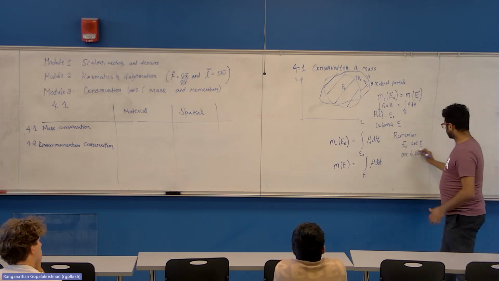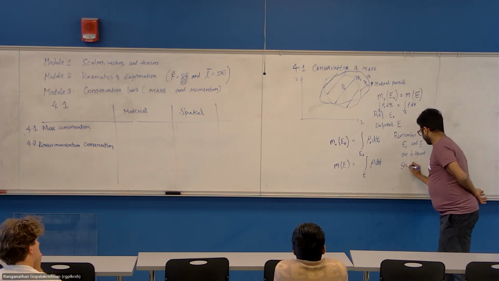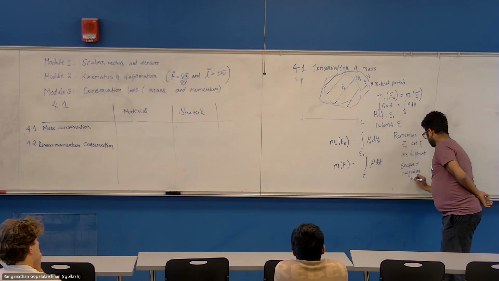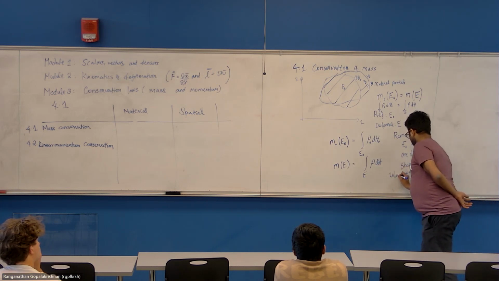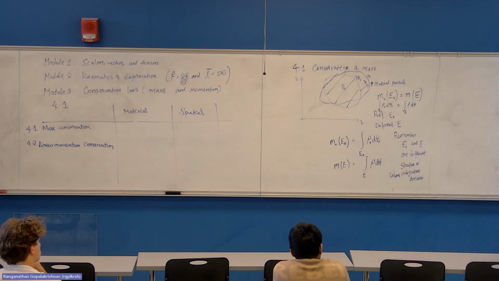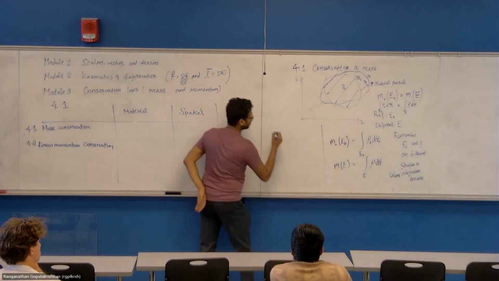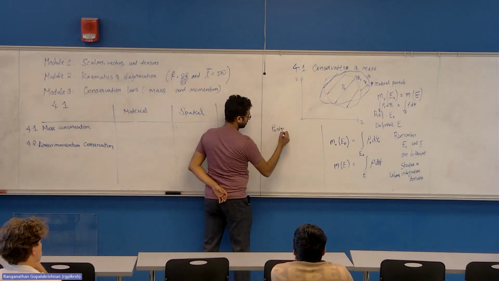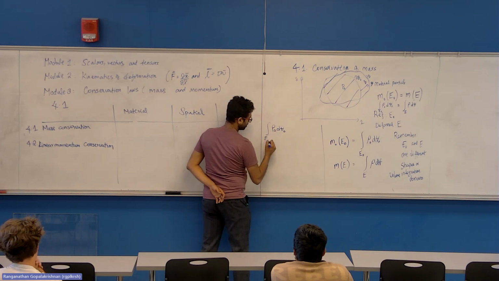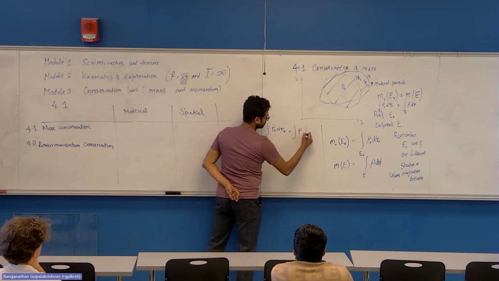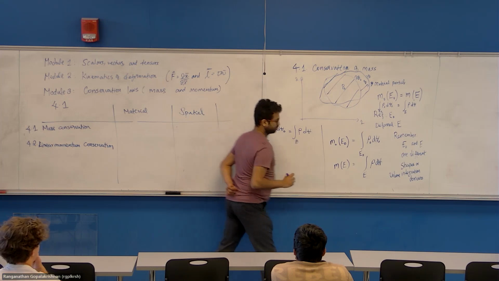Okay. So B naught and B are different shapes, or volume integration domains. But their integrals are equal, so we are allowed to write the integral of rho naught dV naught over B naught is equal to the integral of rho dV over B.